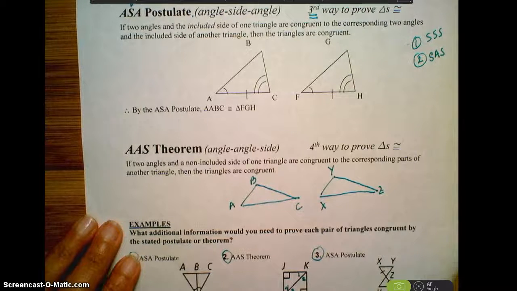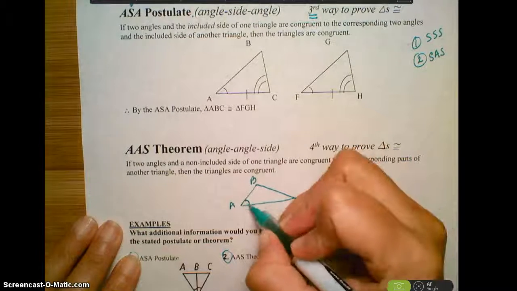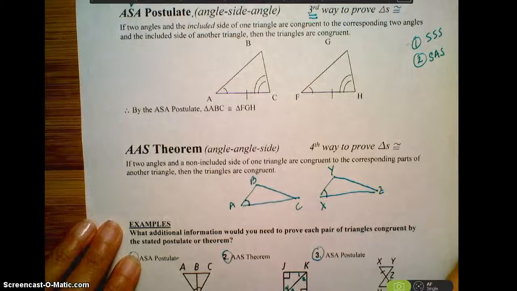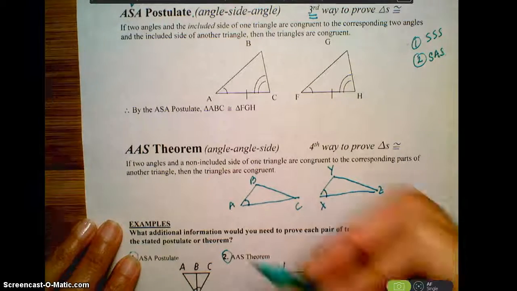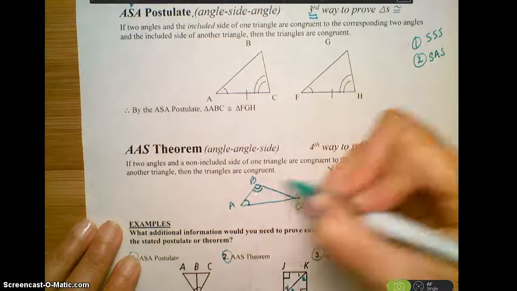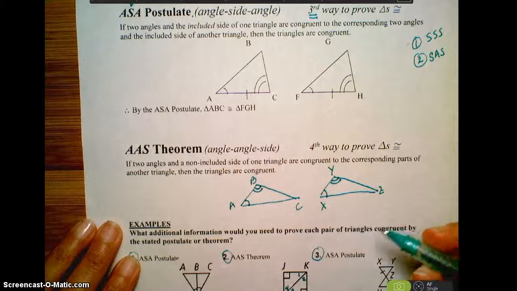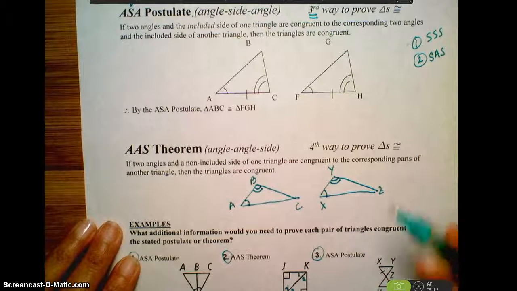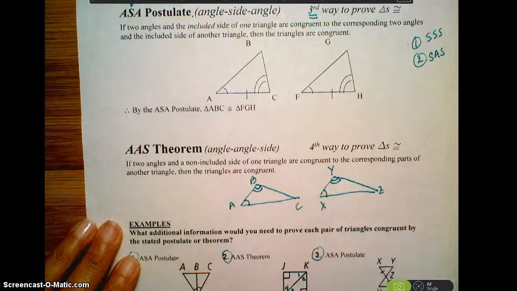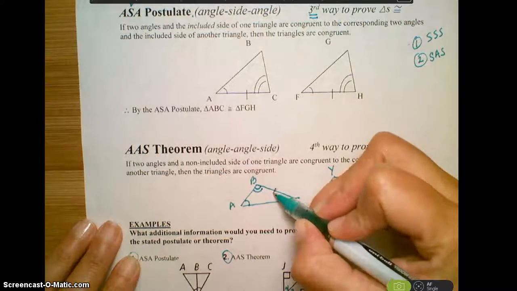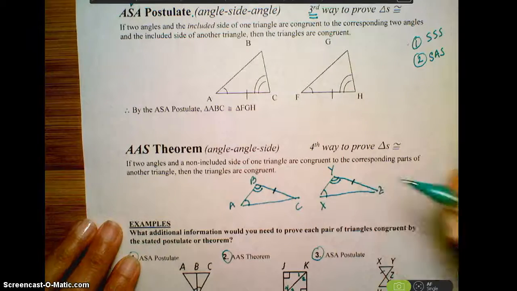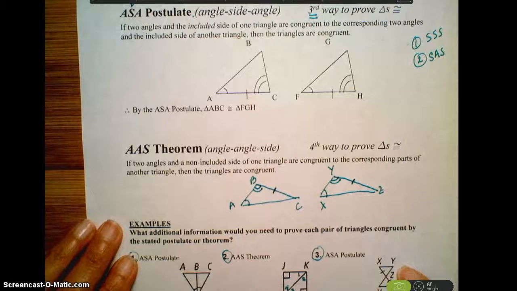One possible set of markings would be that angle A was congruent to angle X, that angle B was congruent to angle Y, and then I need a side that is not included by those two angles. So, for example, I could know that side BC was congruent to side YZ.